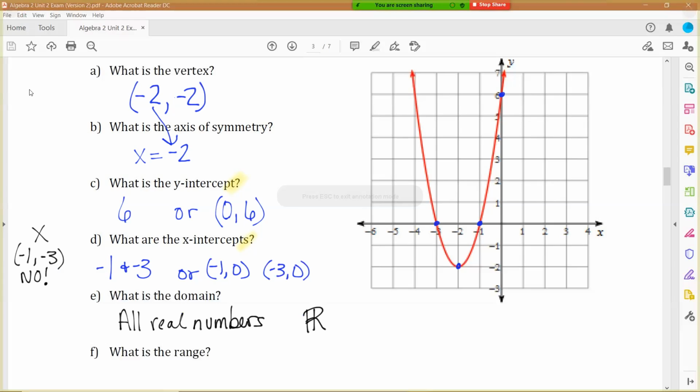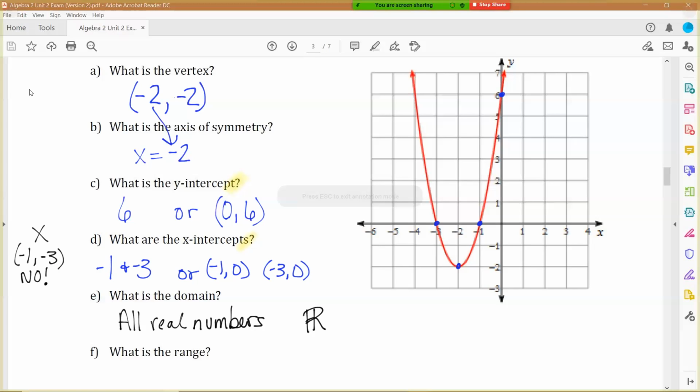The domain is like the x values that you're allowed to plug into the equation. You can plug in any x value you want, because this arrow is continuing to the left forever, and this arrow is going to continue to the right forever. So every single parabola has a domain of all real numbers. Like I said, question 8, part E on your test is going to have an answer of all real numbers. Telling you an answer.